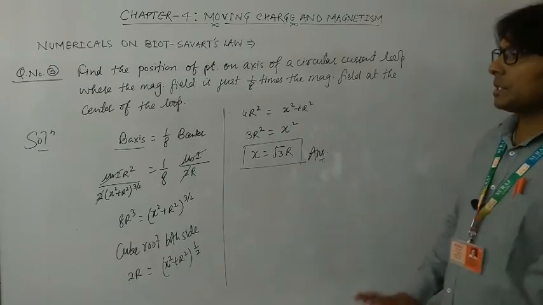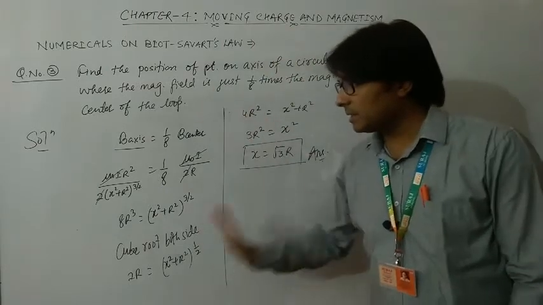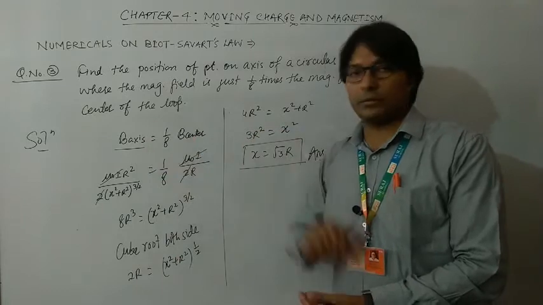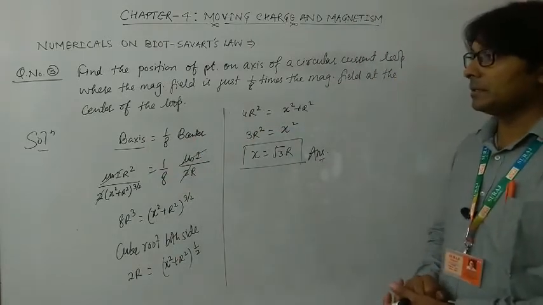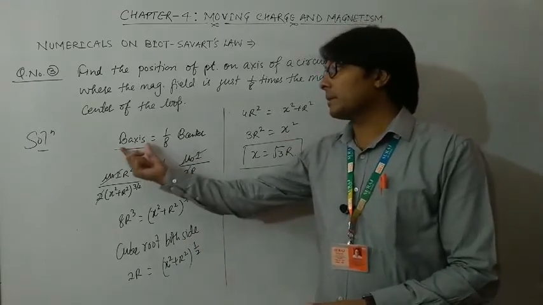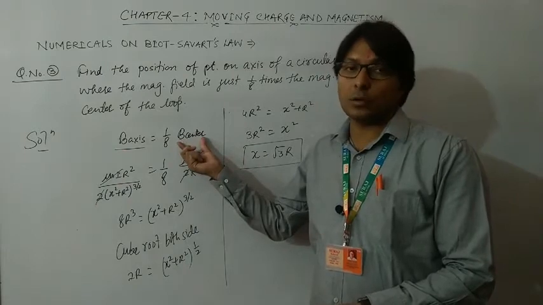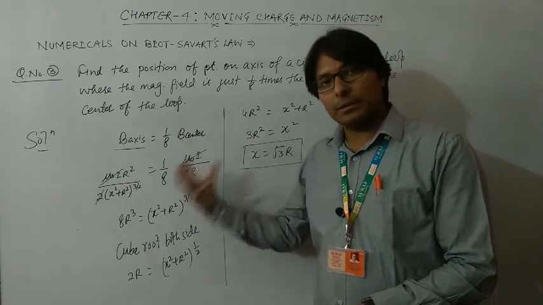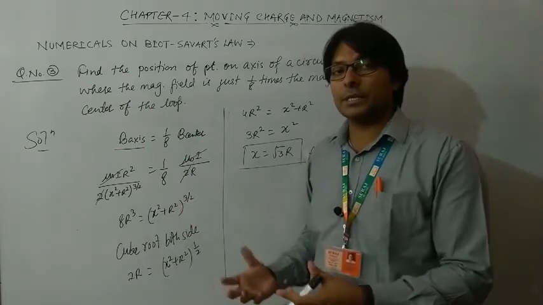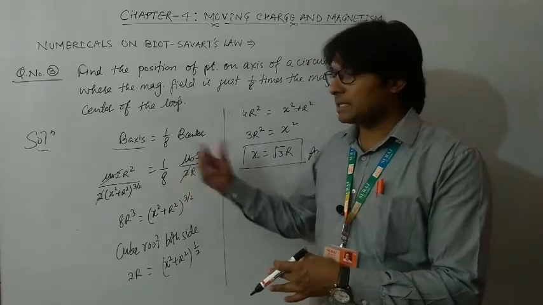So we have just put the condition given in this question and simplified that equation which we have made through the given condition. And one thing more, we have to remind the formulas of magnetic field at the axis and magnetic field at the center of a circular loop, which we have discussed in the derivation time, as well as in the last video.